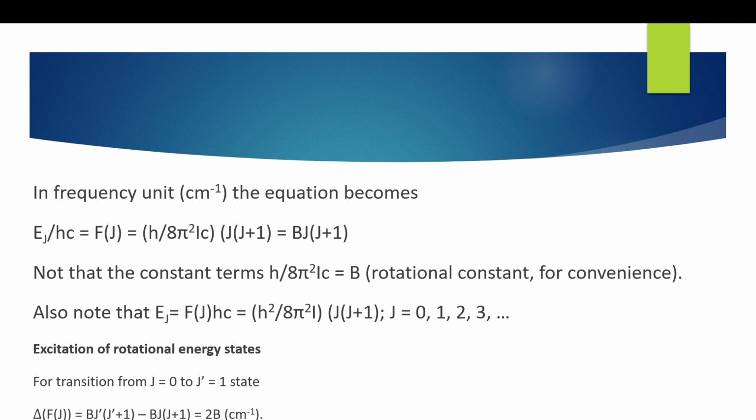In frequency unit, we have to divide it by hc. Note that the constant term h upon 8 pi square Ic is written as B, and for convenience, it is called the rotational constant. Also note that E J equals frequency multiplied by hc.